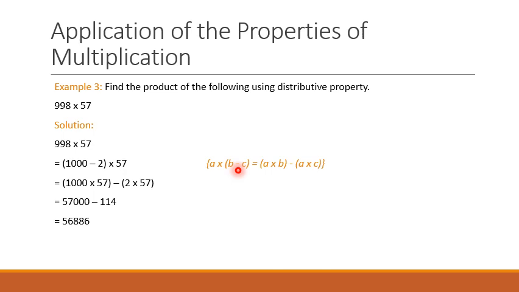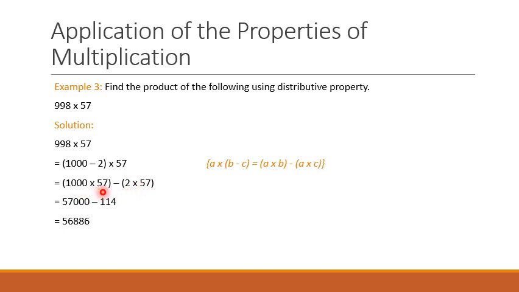Now let's solve this. If I write it in this way, A is 57 multiplied by B, so 1000 multiplied by 57. Now this minus sign is here, so we put a minus sign in between the two brackets. And the next number is 2, so 2 multiplied by 57.